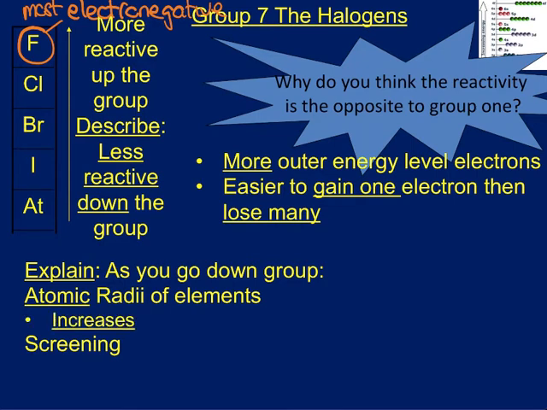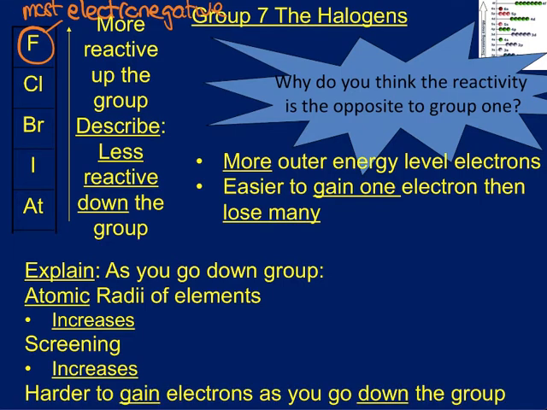So as you go down your group, your atomic radius increases, your screening increases, and it just makes it harder to gain the electrons as you go down the group. So when the element is small, the outer shell electrons are close to the nucleus, which happens in fluorine. It makes it much easier to gain that 1 electron, and therefore fluorine is more reactive.